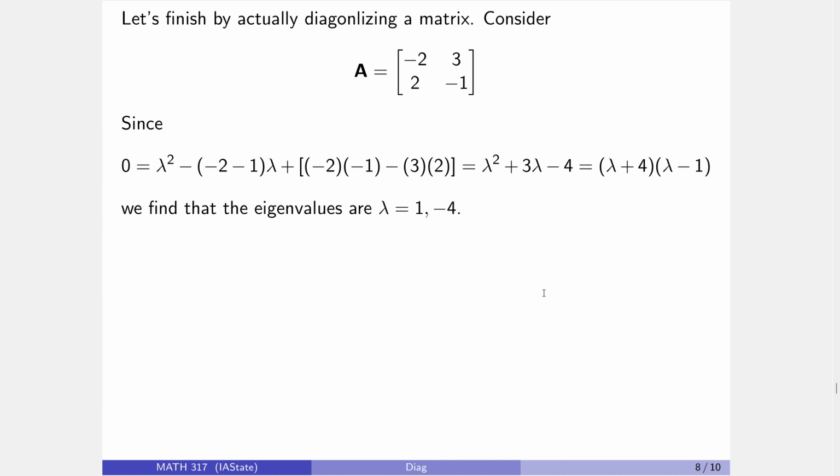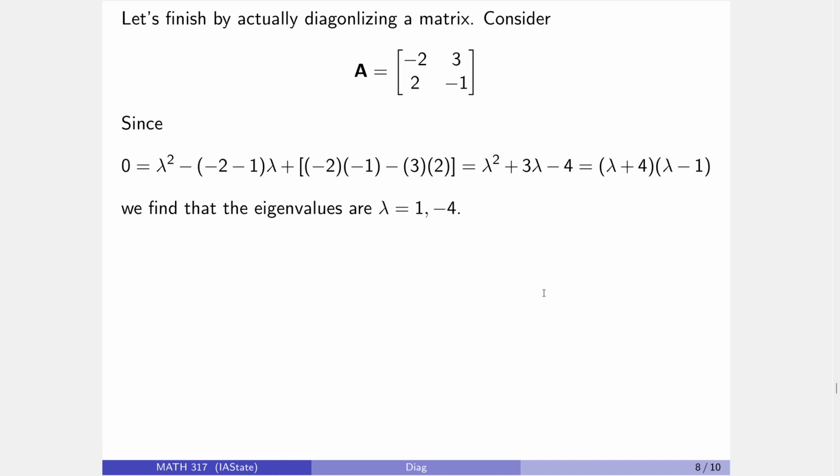0 is equal to lambda squared minus the trace of the matrix, negative 2 plus negative 1, times lambda, plus the determinant of the matrix, negative 2 times negative 1 minus 3 times 2. That gives me lambda squared plus 3 lambda minus 4, which factors like thus. So we find that our 2 by 2 matrix has two distinct eigenvalues.